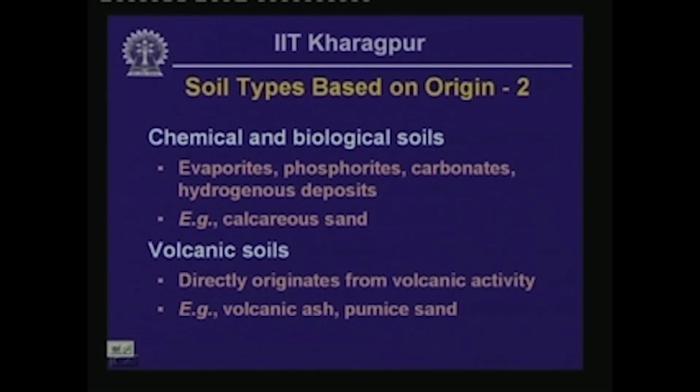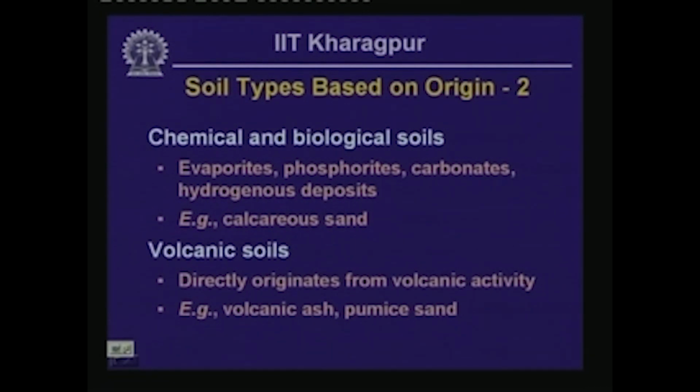And finally, you could have volcanic soils, and volcanic soils, as I mentioned, directly originate from volcanic activity. Examples include volcanic ash and sands composed of pumice grains.